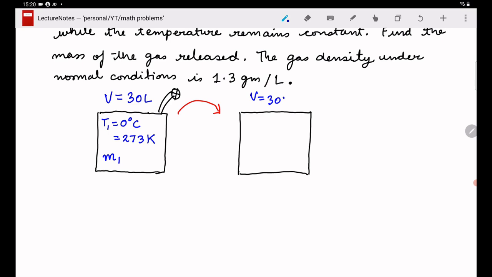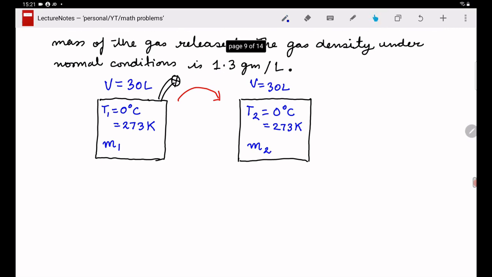The temperature is given to us as 0 degrees Celsius. It does not change. So it's 273 Kelvin. And since some of the gas is allowed to escape, the mass of gas in this situation is now m2. And we do not know what m1 or m2 is. Not yet.